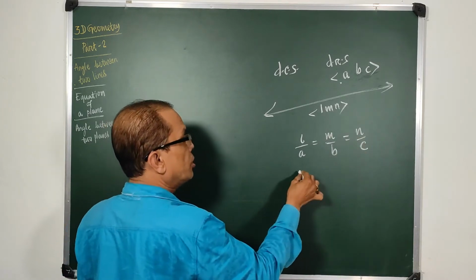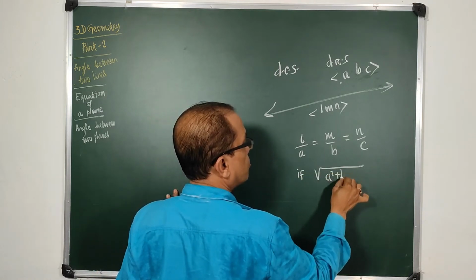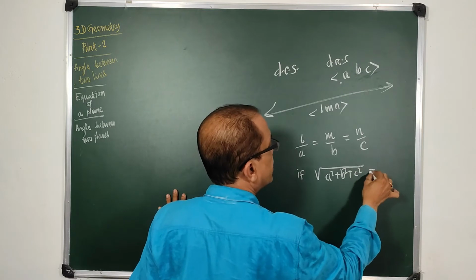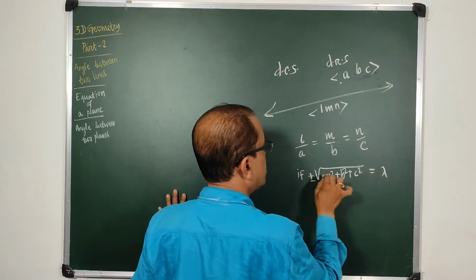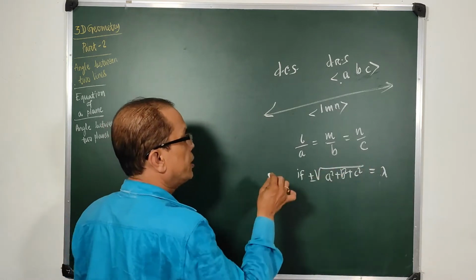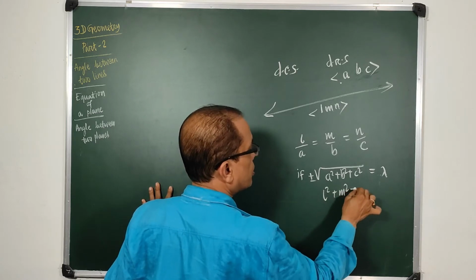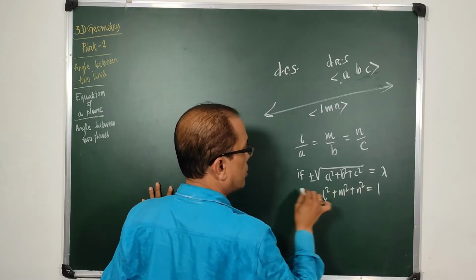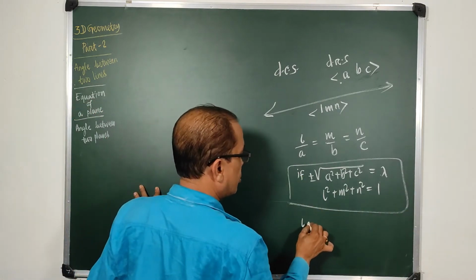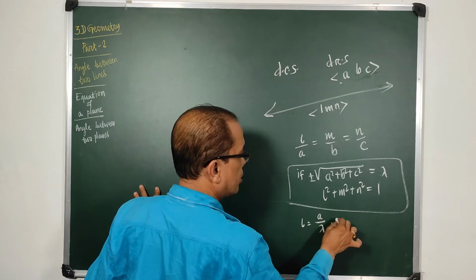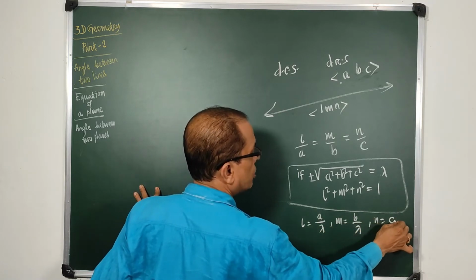If the square root of a square plus b square plus c square is taken as lambda, or plus minus lambda, then we have l square plus m square plus n square equal to 1. So using these two, we can find l equal to a upon lambda, m equal to b upon lambda, and n equal to c upon lambda.